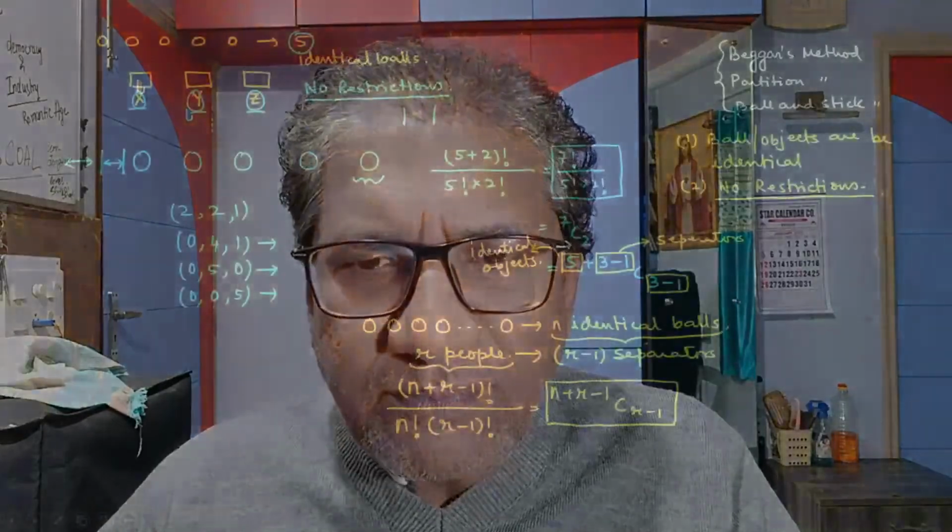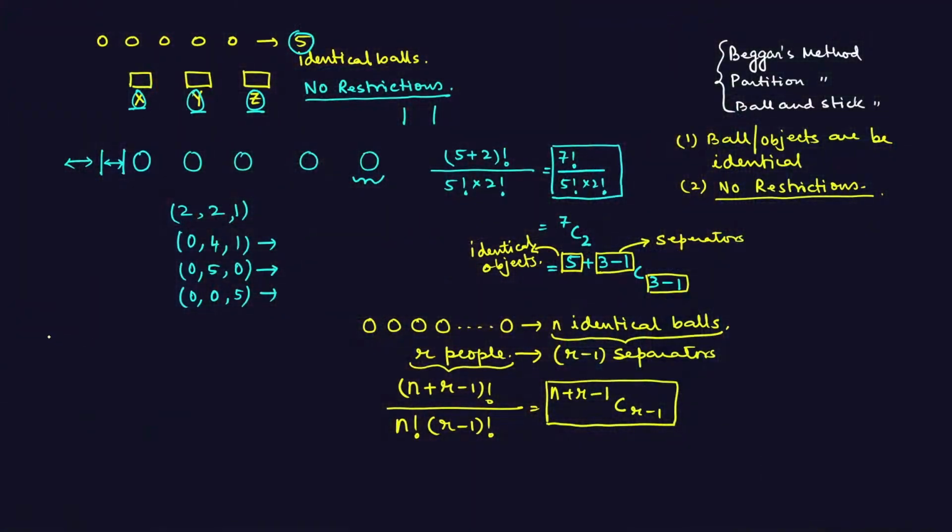Is it clear? So now we can take one very quick example. Let us say we are having 20 identical balls, and we have to distribute these 20 identical balls among 5 people. In how many different ways can you distribute them? Directly use the formula.